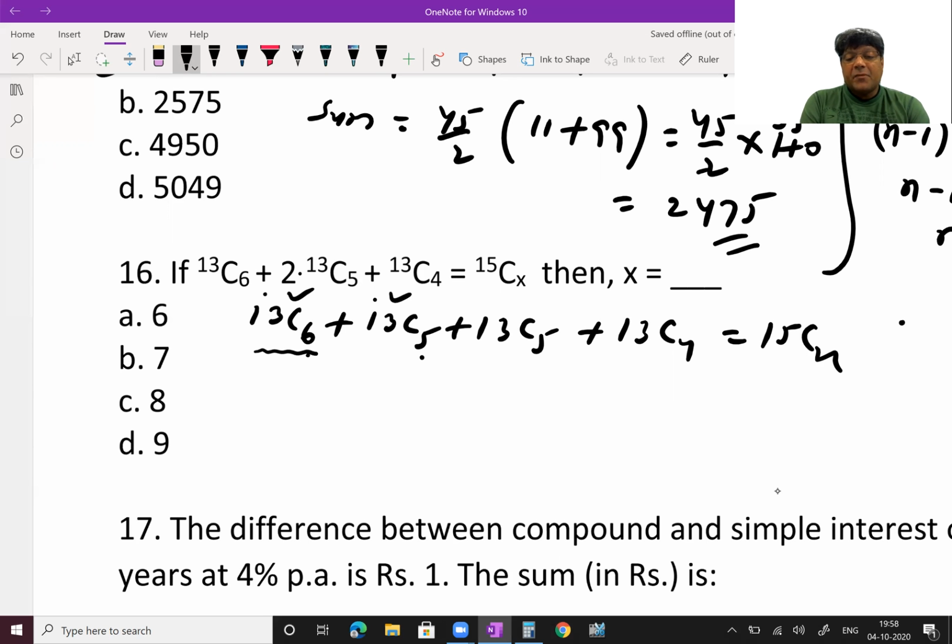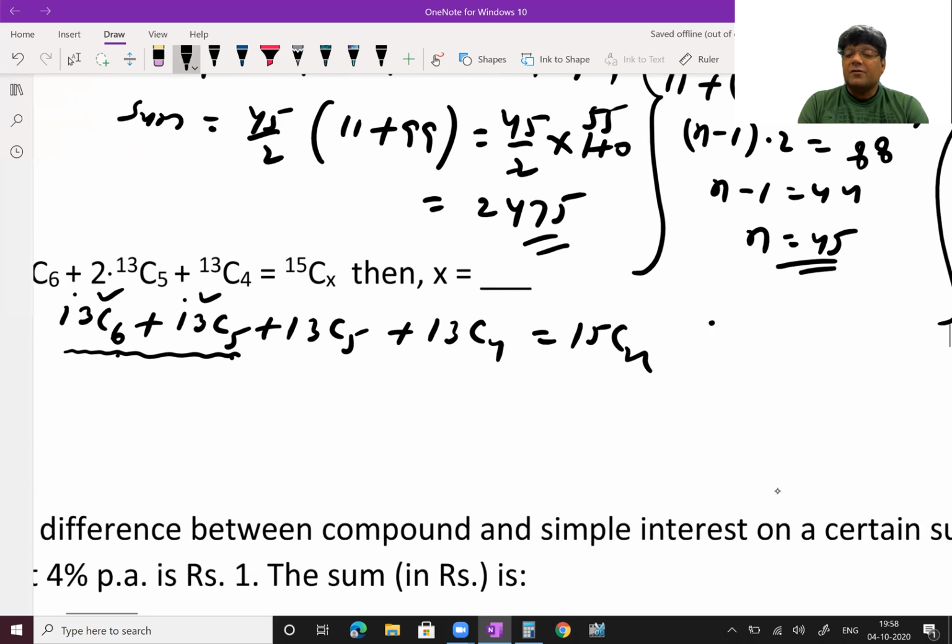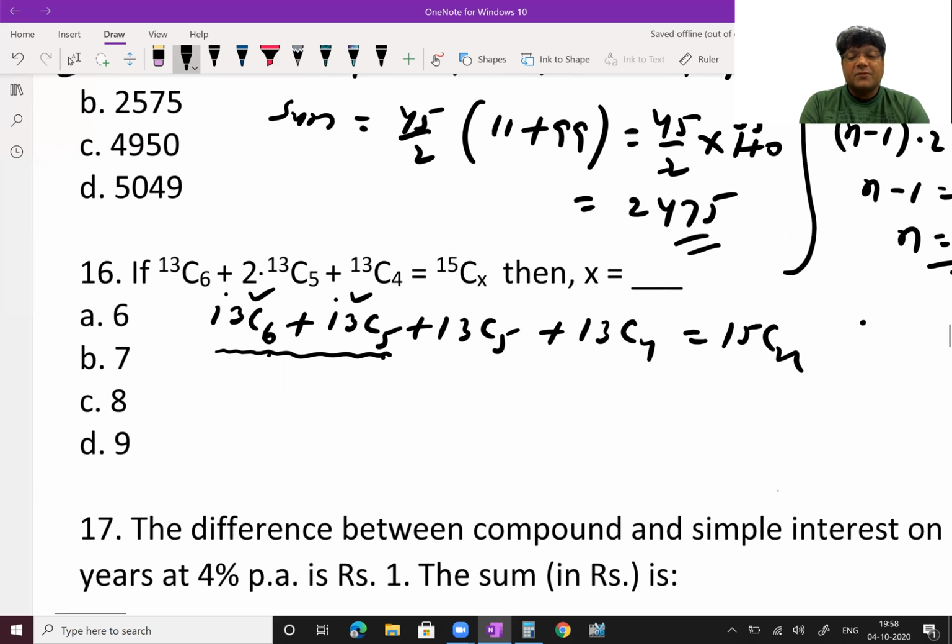So I can combine these two according to this formula. The result will be one more than the upper part, one more than 13 is 14. And down, the greater of these two values, 6 and 5, which is greater? 6. So it will be 6.